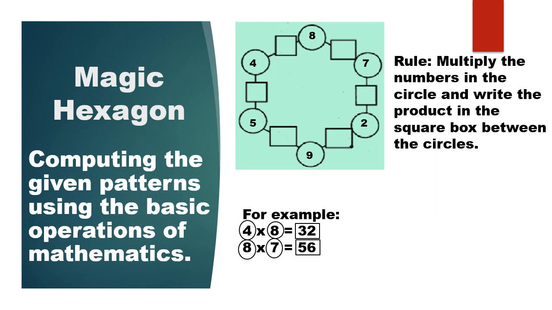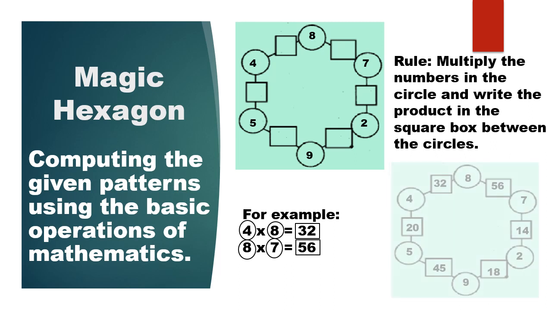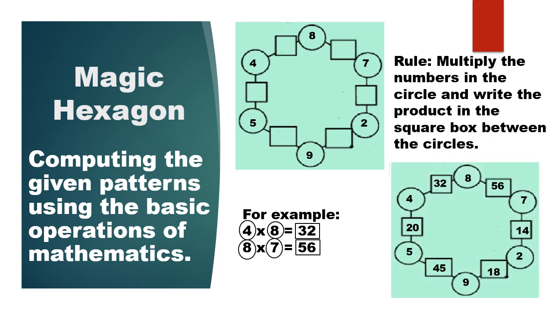That is, 4 8s are 32 and 7 8s are 56. We got the products 32 and 56. These products we are going to write in the square box given between the two circles of those numbers.